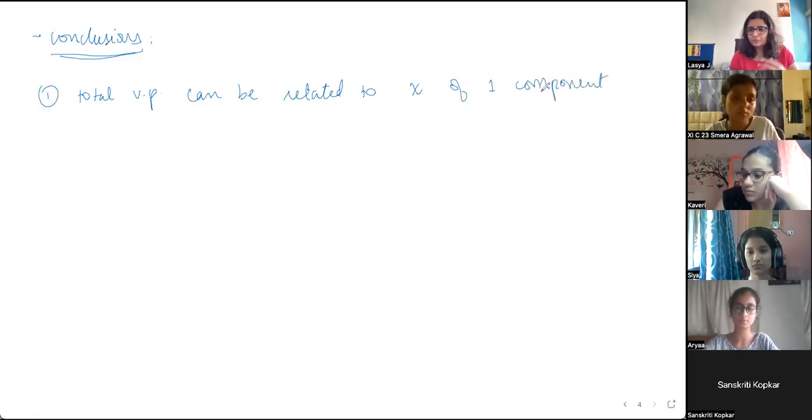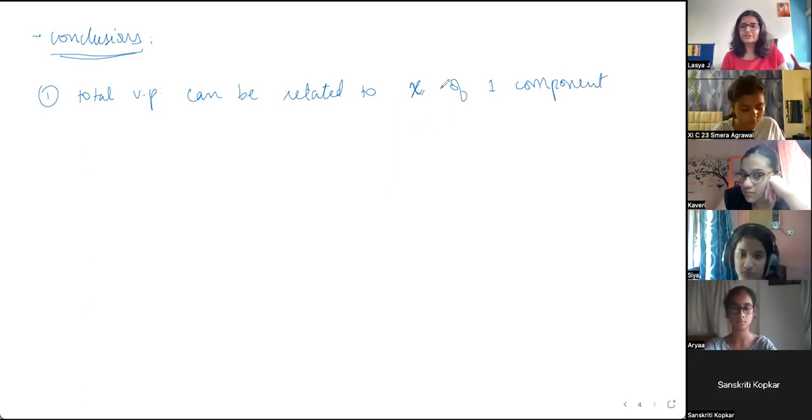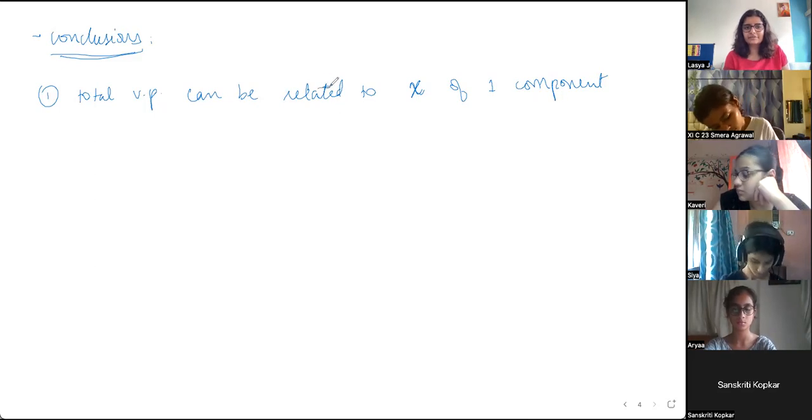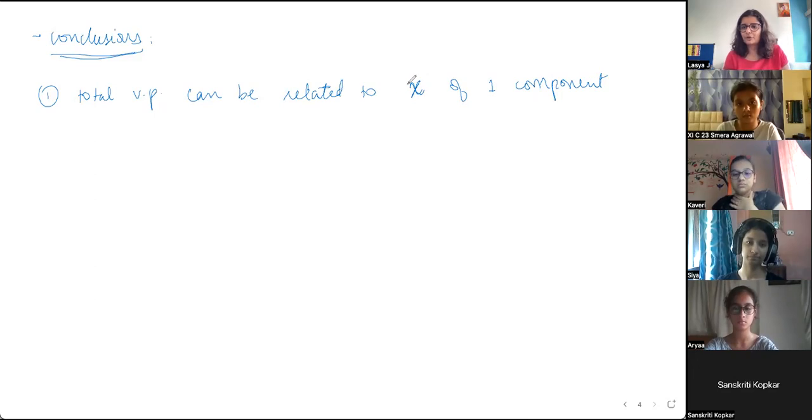So you don't have to find both of them. It's pretty self-explanatory because mole fraction is a fraction of moles. For the other component, if you do 1 minus that, you'll get it. So as long as you know the mole fraction of any one of the two components, you can get it.